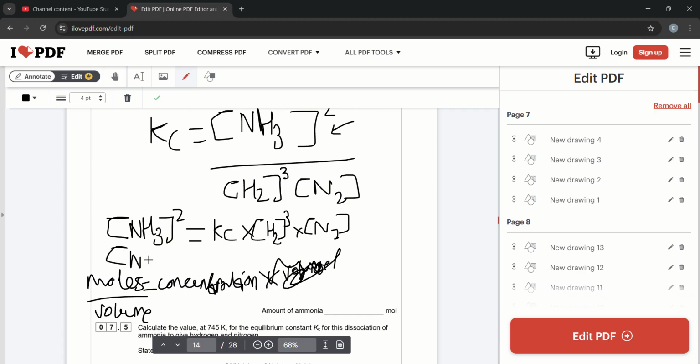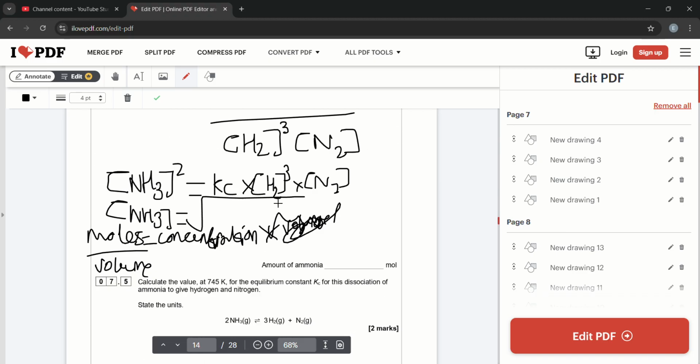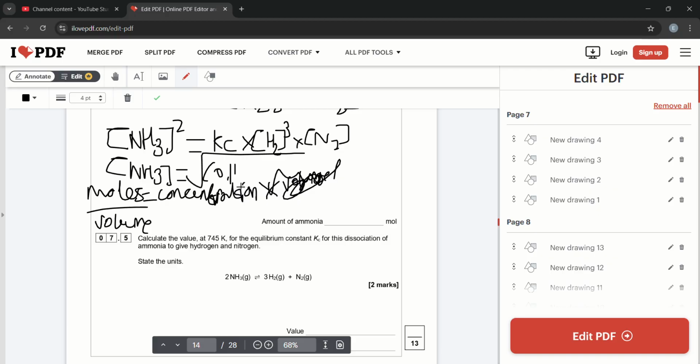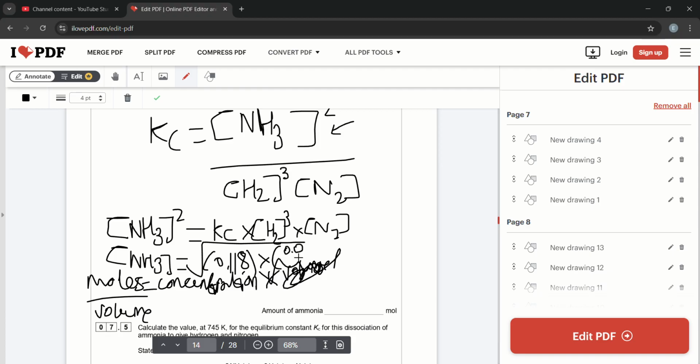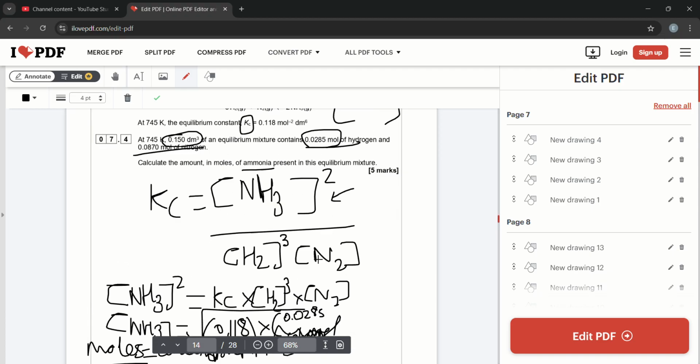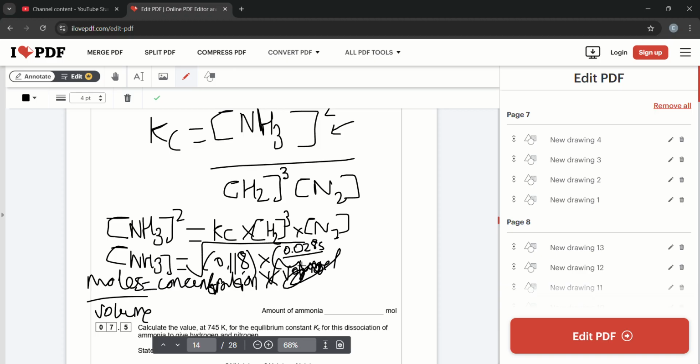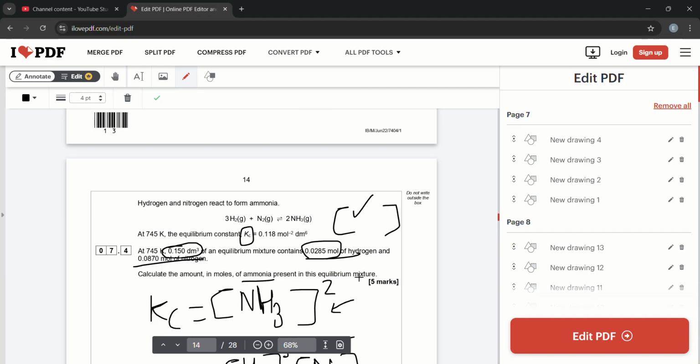So [NH3] equals the square root of Kc, 0.118, times the concentration of H2 cubed. The concentration of H2 is going to be equilibrium moles 0.0285 divided by the volume, 0.150 dm cubed, and that is cubed, and then times the concentration of nitrogen, equilibrium moles 0.0870 divided by 0.150.